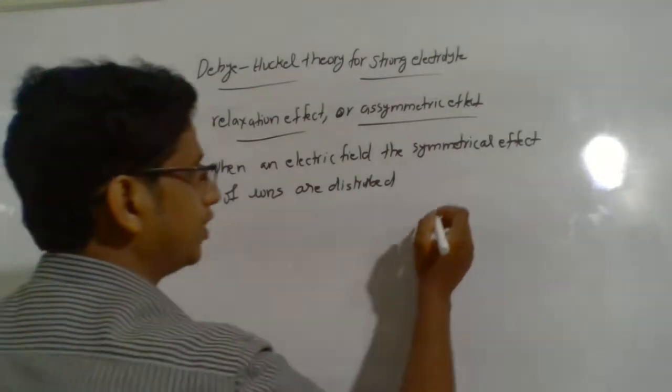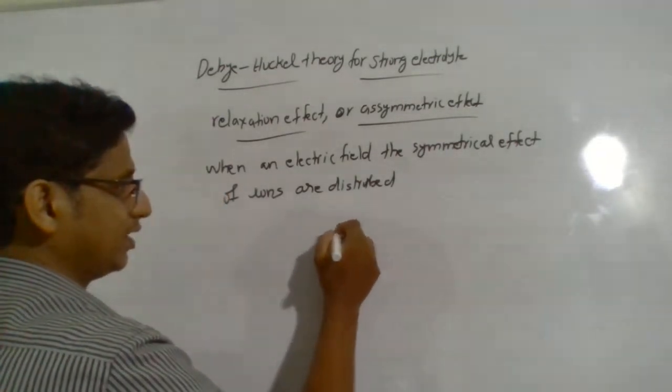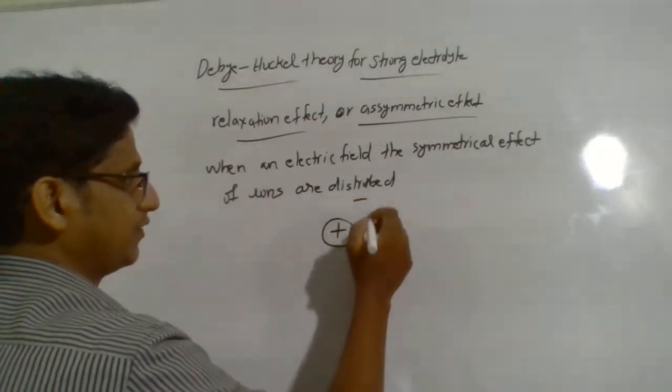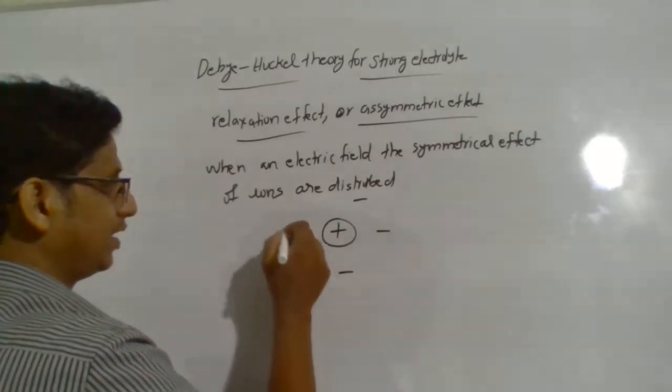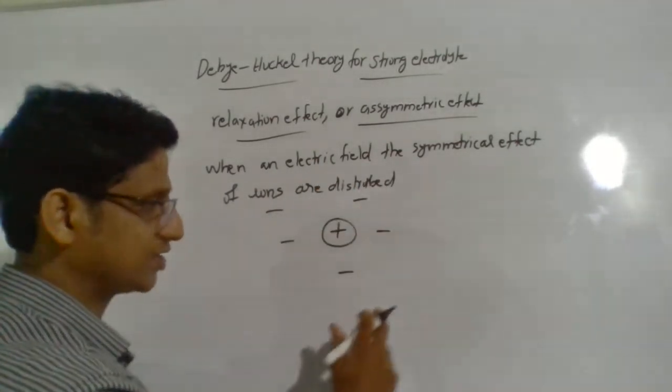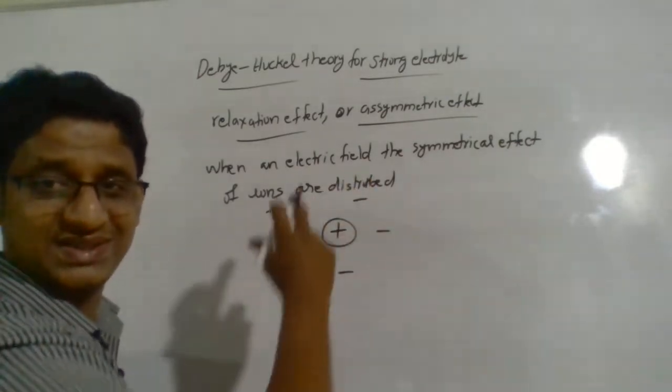You have to understand that before the electric field was applied, a positively charged ion was symmetrically surrounded by negatively charged ions. So there is always a symmetry.